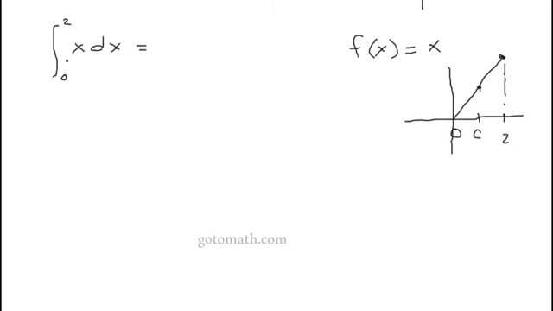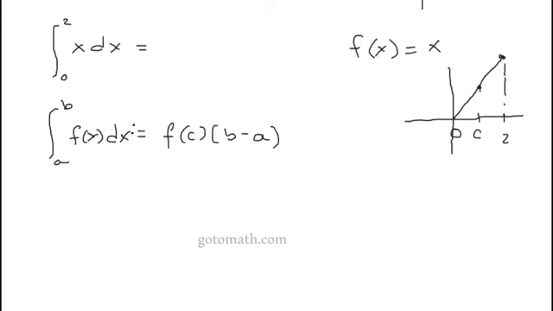First thing I'm going to do, once again, is write that out. It's equal to f of c times b minus a. This becomes x squared over 2 from 0 to 2.